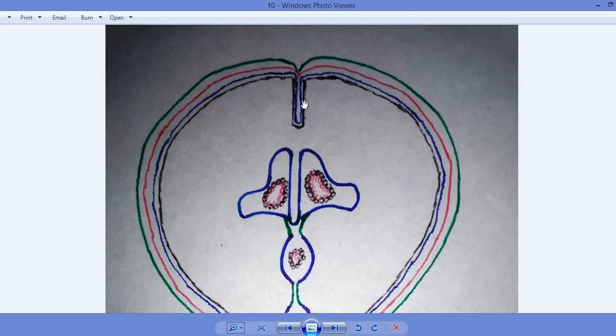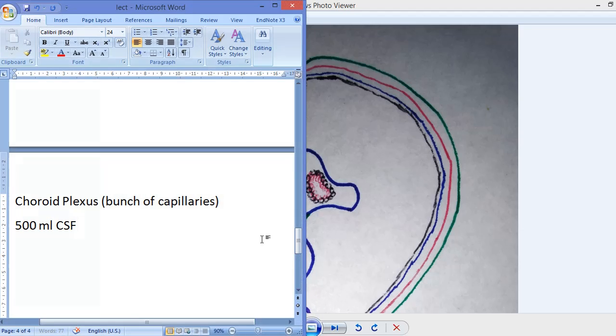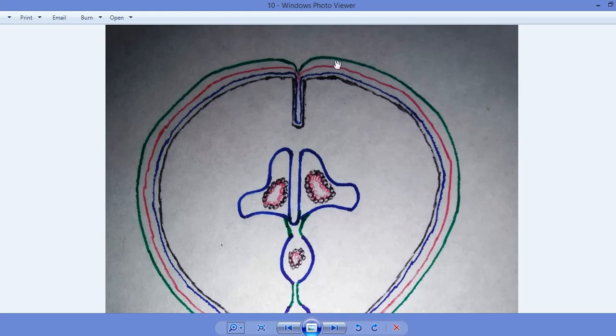That protrusion of the meningeal layer into the longitudinal fissure is called the falx cerebri. So the falx cerebri is the extension of the meningeal layer into the longitudinal fissure. Inside this falx cerebri, what happened?